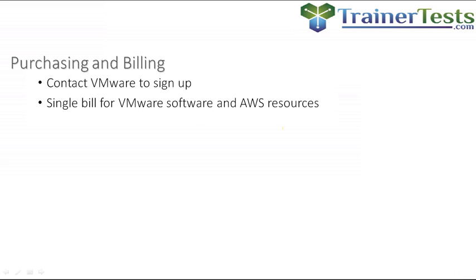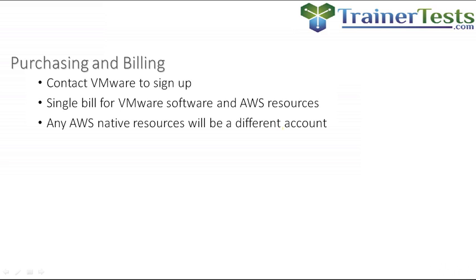You will get a single bill for the VMware software and the AWS resources required to run it. Now this is a bill for your VMware Cloud on AWS account. You can still have an AWS account with AWS native resources and features. That's a completely separate account.